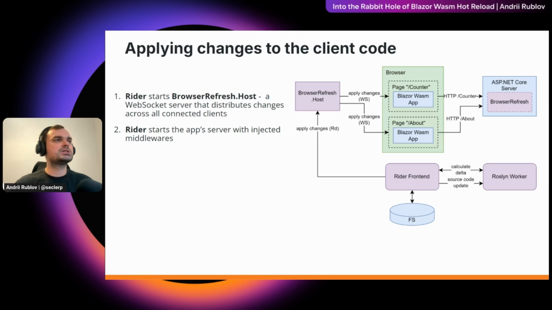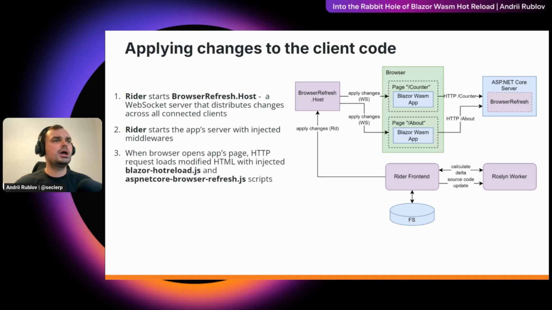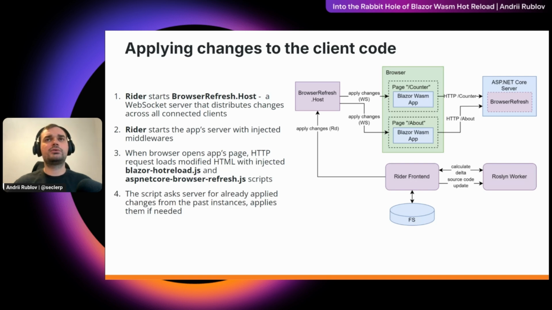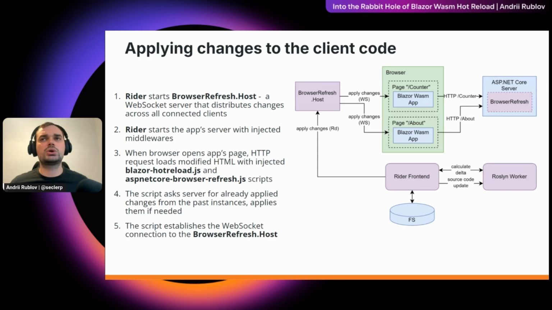When the browser opens the app's page, an HTTP request loads modified HTML with injected Blazor hot reload and ASP.NET Core browser refresh scripts. Then the scripts ask the server for already applied changes from past instances and apply them if needed. Then the script establishes the WebSocket connection to the browser refresh host.